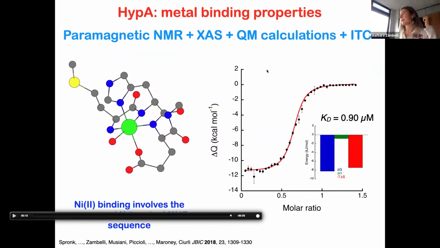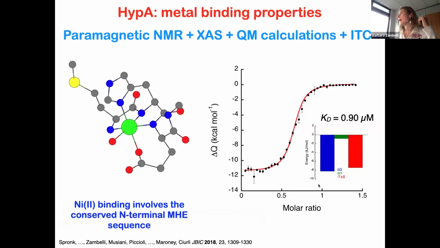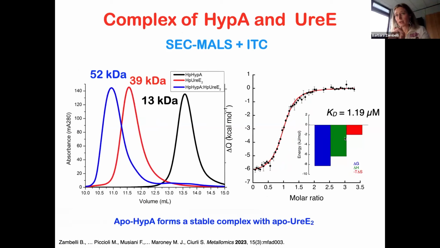We also titrated the nickel over apo-HypA, and again the KD is around micromolar, and in this case the binding is entropically driven. HypA and urease interact also in apo condition. We could see this by SEC-MALS here.